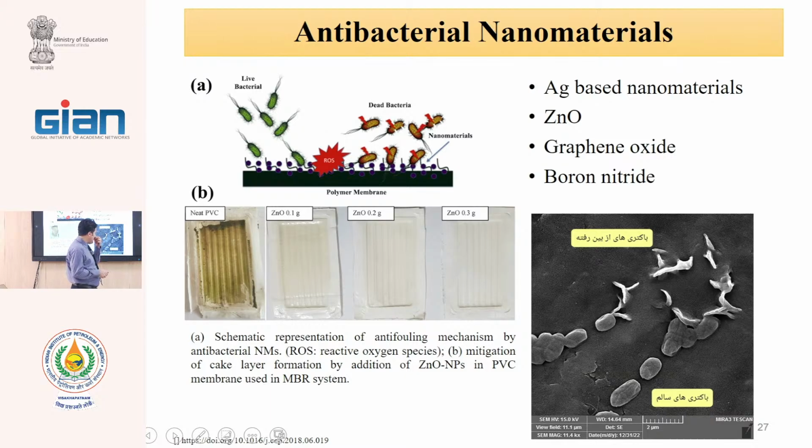Or in this example, with a plain PVC that has no antibacterial agent, we see the growth of microorganisms, and with the addition of a low amount of zinc oxide to the PVC, the surface is very clean. And this shows that we can produce antibacterial membranes.